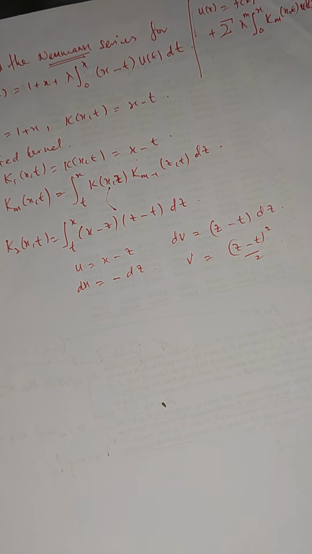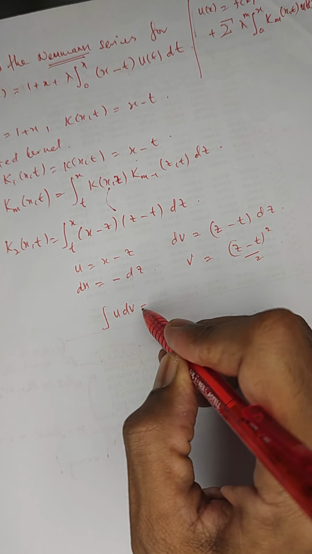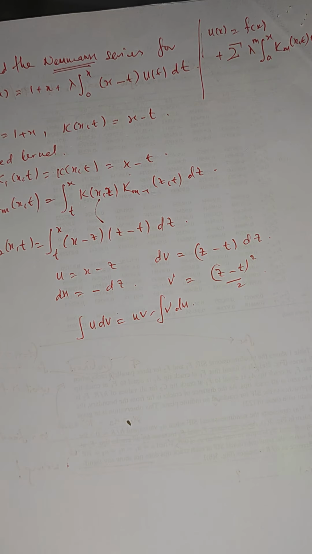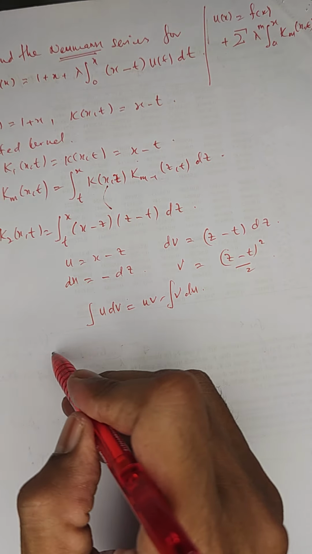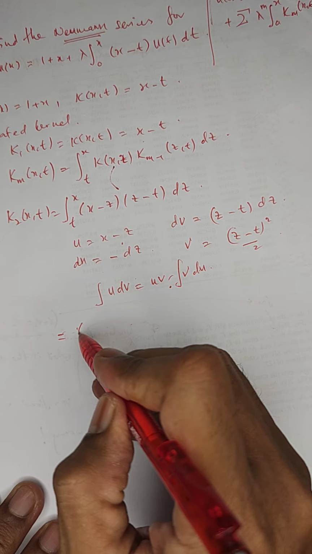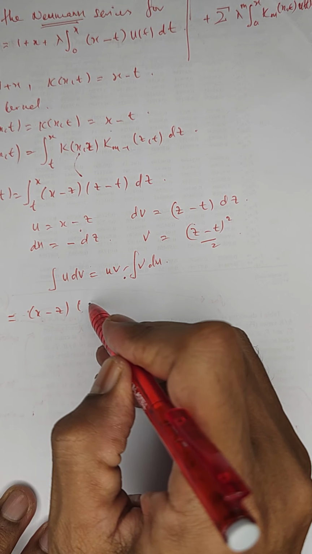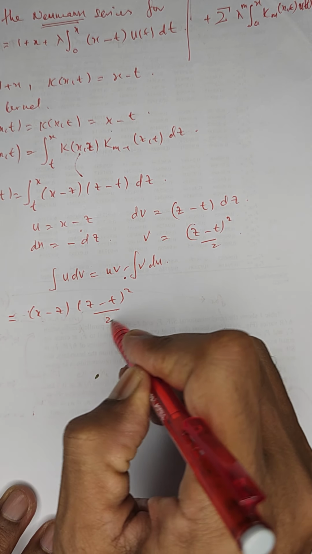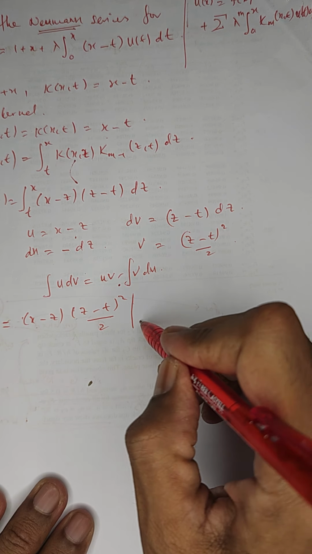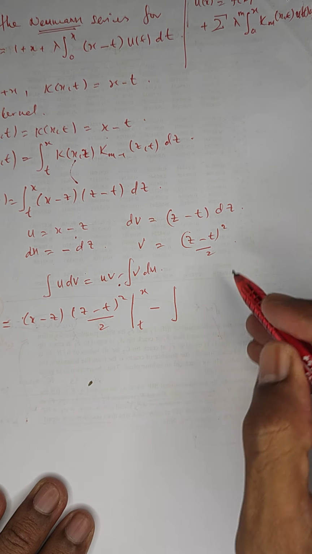Using this, for the integration by parts, we have integral of u dv equals uv minus integral of v du. So we have uv, which is (x - z) times (z - t) squared over 2, from t to x, minus integral of v du.